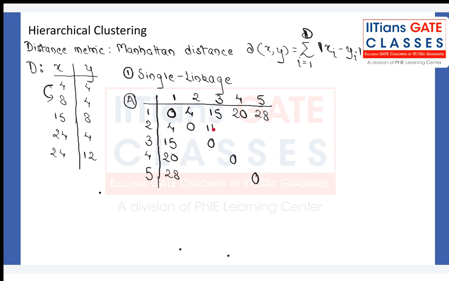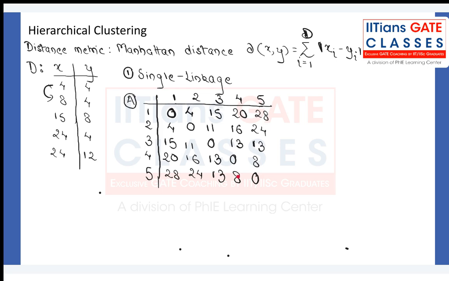Distance between 2 and 4 is 16, and between 2 and 5 is 24. You fill the symmetric entries as well. Distance between 3 and 4 is 13, and between 3 and 5 is also 13. Distance between 4 and 5 is 8.